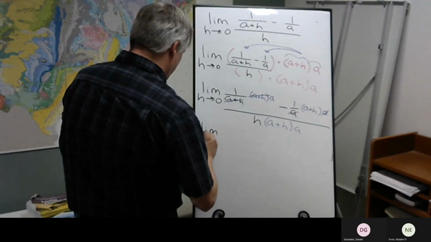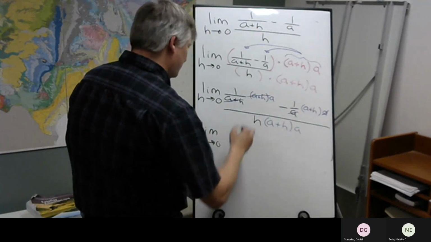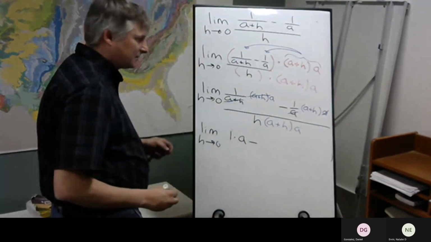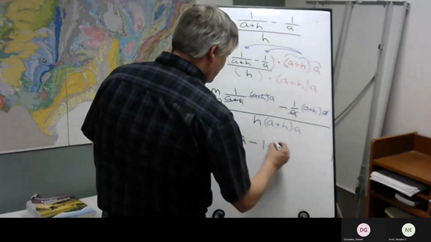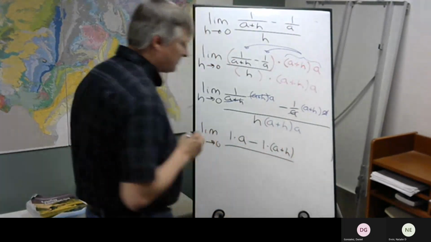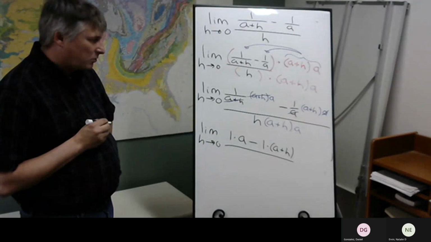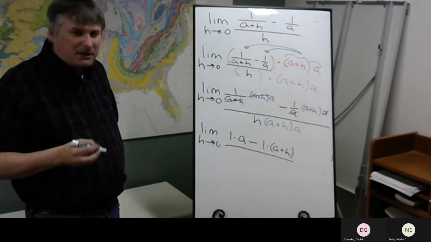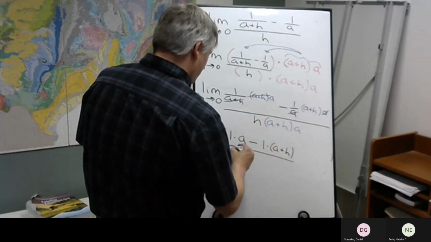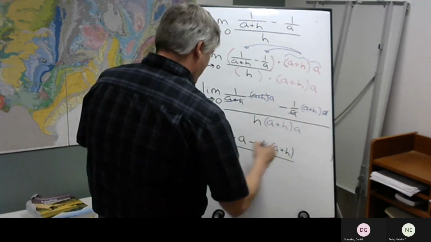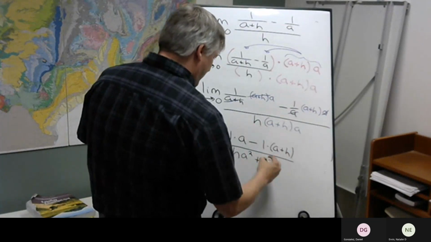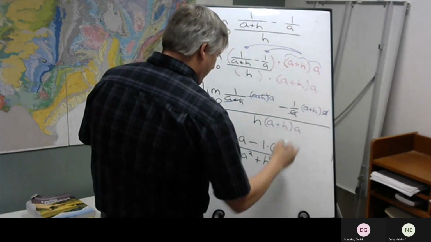Limit as h goes to 0, this will be 1 times a minus 1 times a plus h. Okay, so far so good. And then in here, we can distribute the h and the a to here. We'll get h a squared plus h squared a.